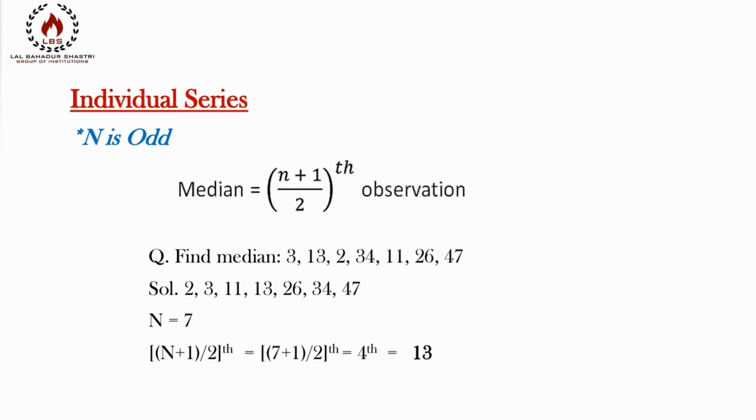Like in this question, find median of 3, 13, 2, 34, 11, 26 and 47. First of all, we have to arrange the data in ascending or descending order. I would recommend you to arrange the data in ascending order. See, we have arranged the data in ascending order: 2, 3, 11, 13, 26, 34 and 47. Our n is 7, it comes out to be 4th.